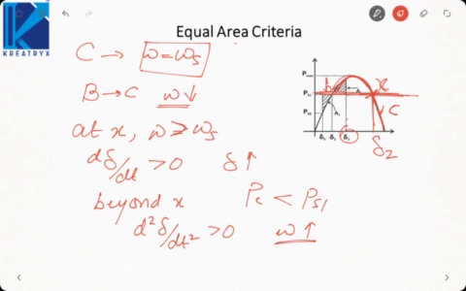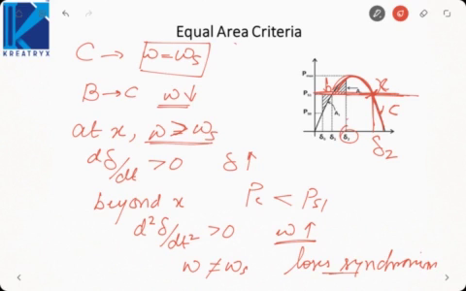So here what happens is, speed is still greater than omega s and it increases further. So speed will never be equal to omega s. So system loses synchronism. That is, C point cannot be beyond this point where x is present. Okay, C cannot be beyond x, because if speed does not reach its synchronous speed at point x, then it can never attain synchronous speed and it will permanently lose synchronism.